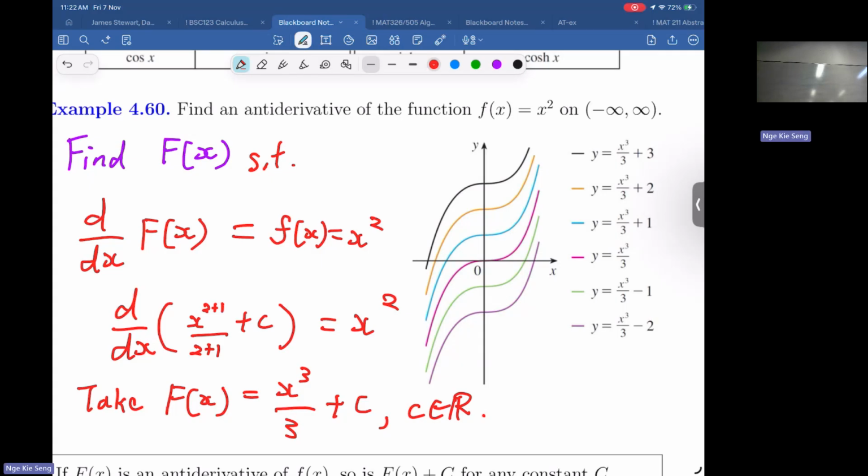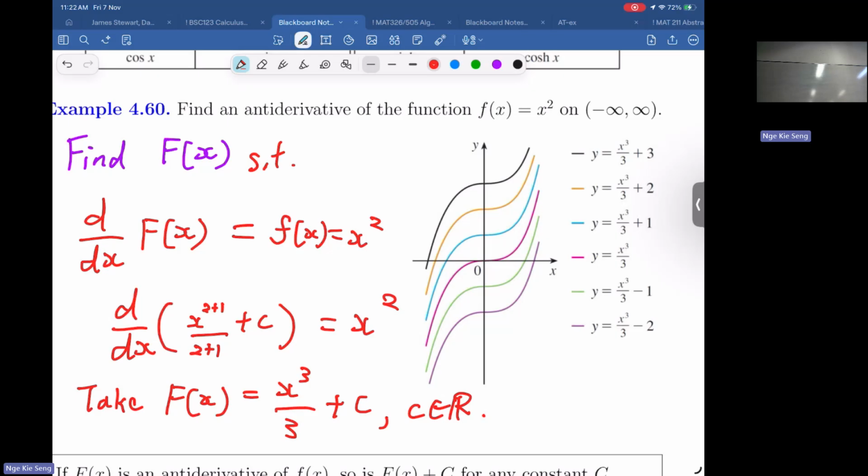So do you know what's the geometric meaning of this? For all these antiderivatives, you look at the first derivative, meaning you look at how the tangent line changes. Is it the same way that it changes or not? The shape is the same, so they should change in a similar way.